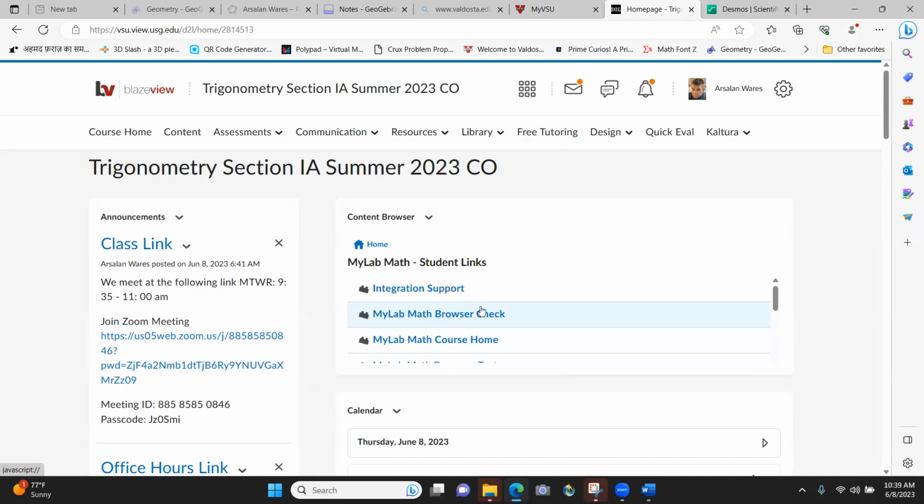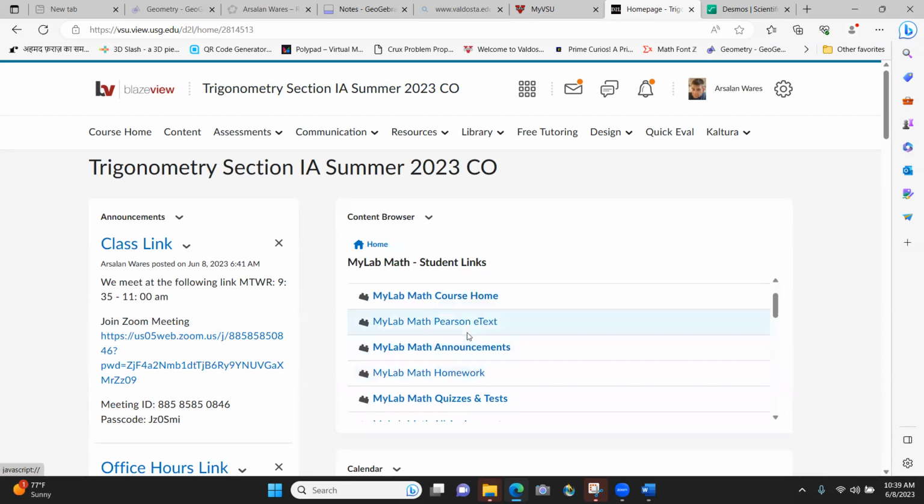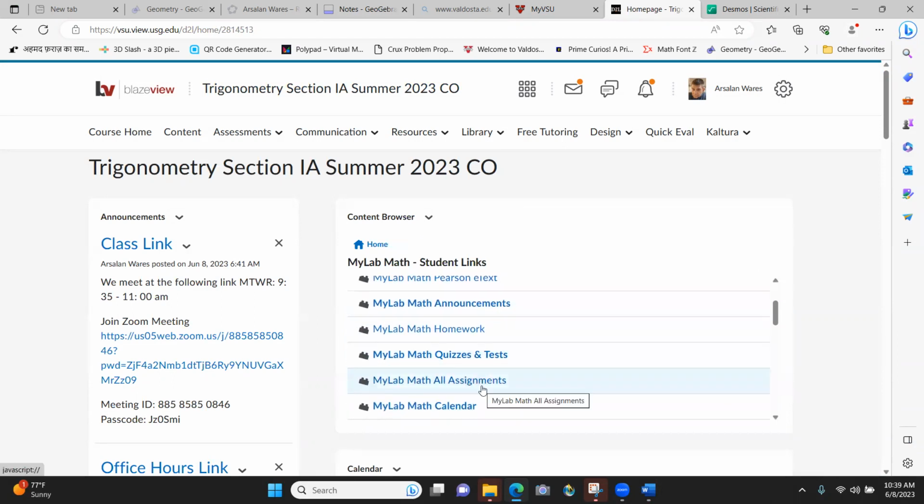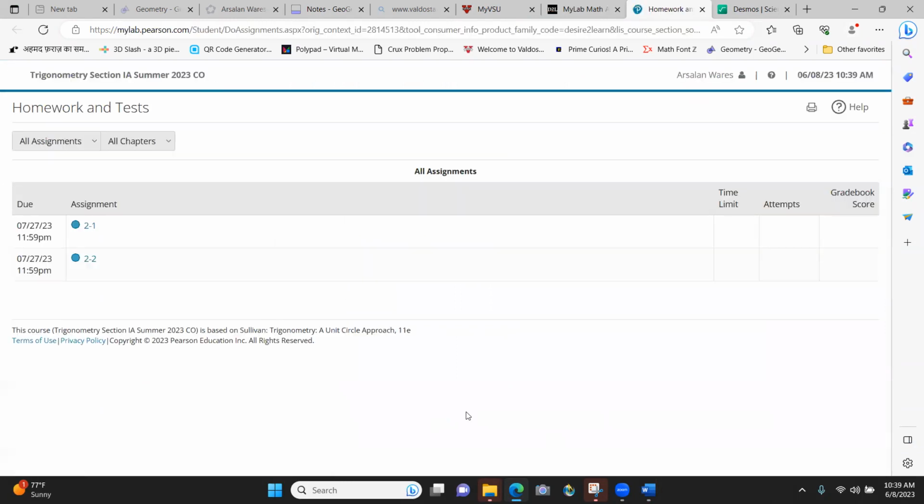You go to student links and you go to, by the way, if the computer kicks us out, you go to all assignments. You're going to click this and you're going to work on these problems. Does that answer your question? Yes, sir. Okay, these problems are really parallel to the ones I'm doing on the computer screen, but you do want to practice these.